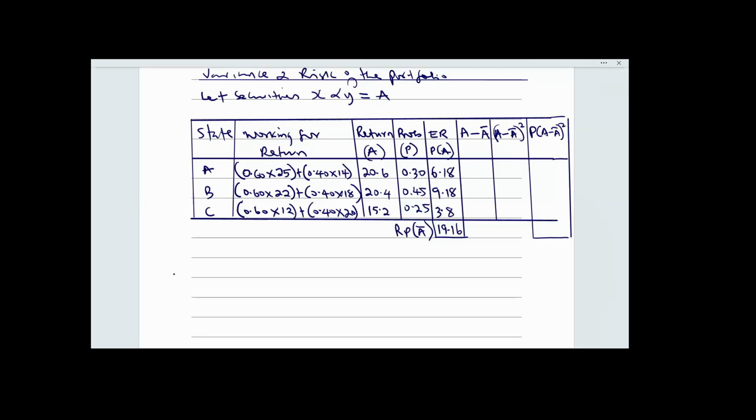So 20.6 minus 19.16. Let's do it faster. 1.44. 1.44 squared is 2.0736.